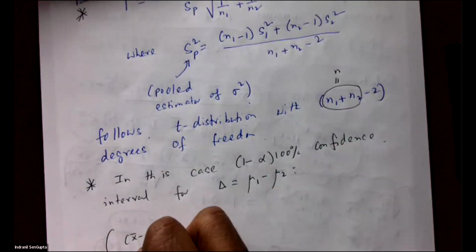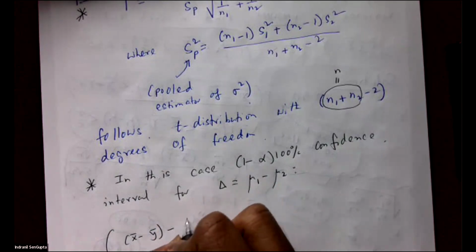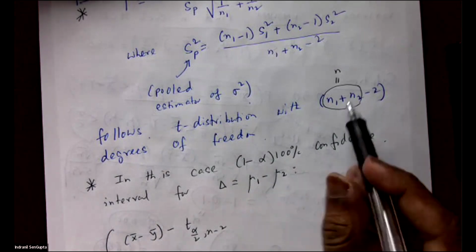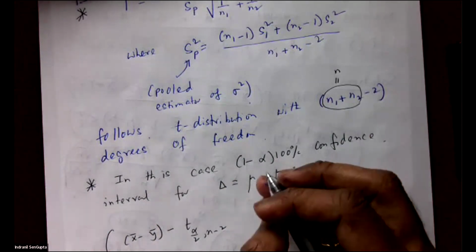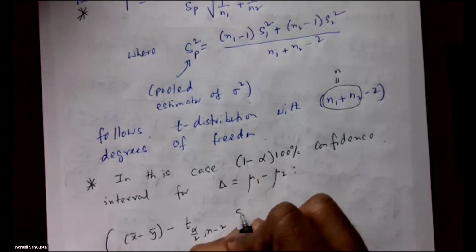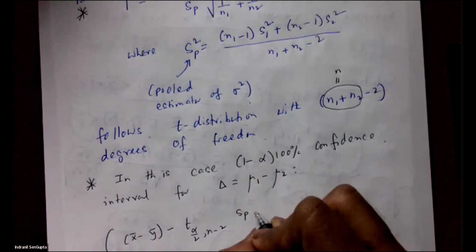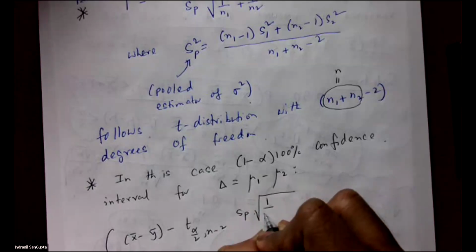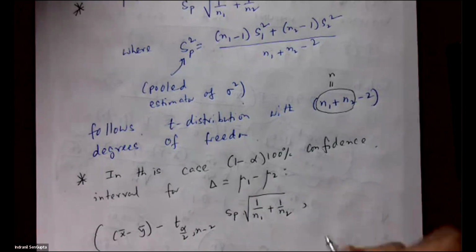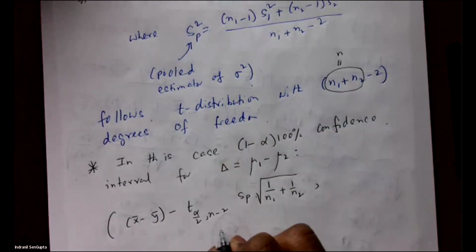It's X bar minus Y bar minus t of alpha over 2 comma n minus 2, where n is again n1 plus n2, times SP times the square root of 1 over n1 plus 1 over n2. The other one is the same thing with a plus sign.